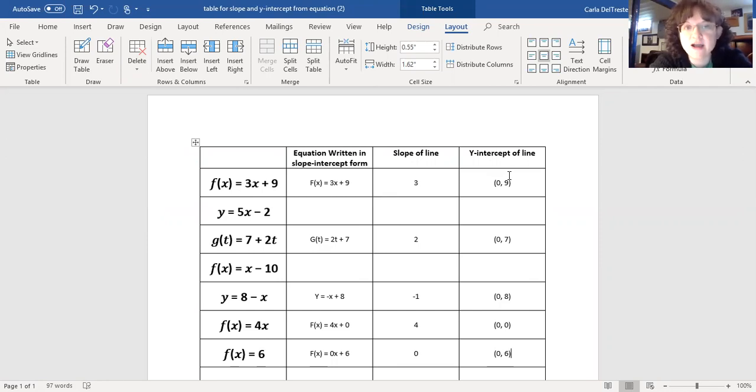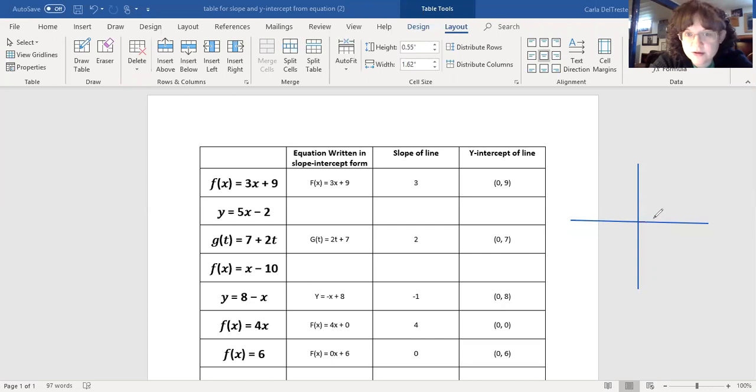So if I wanted to graph f of x equals 3x plus 9, let's set up some axes. So I'll do it over here. If I wanted to graph that, let me put in my tick marks.